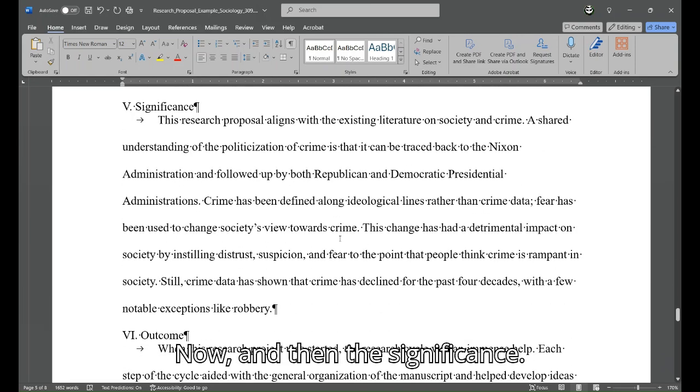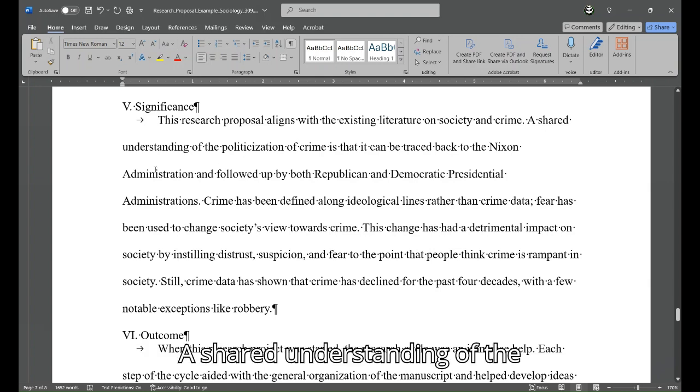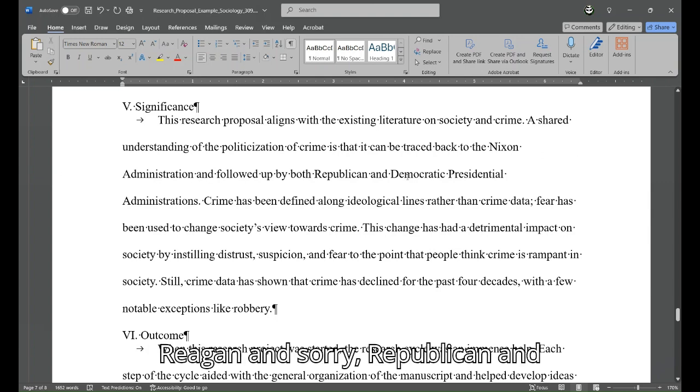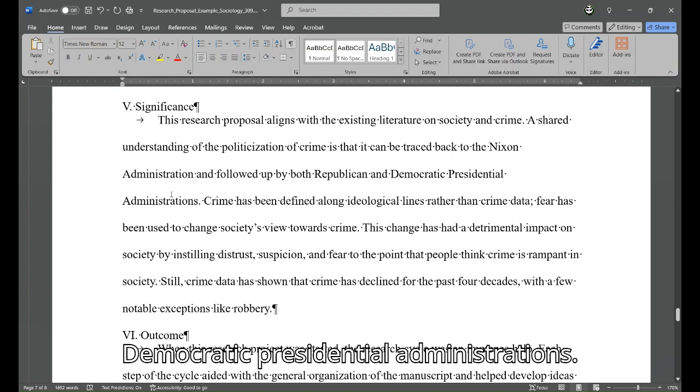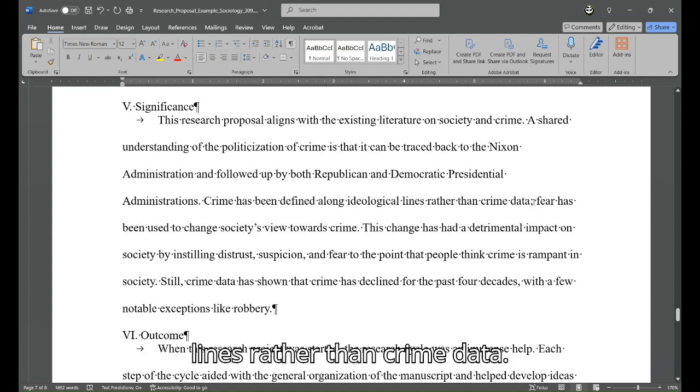Now, and then the significance. This research proposal aligns with the existing literature on society and crime. A shared understanding of the politicization of crime is that it can be traced back to the Nixon administration and followed up by both Republican and Democratic presidential administrations. Crime has been defined along ideological lines rather than crime data.